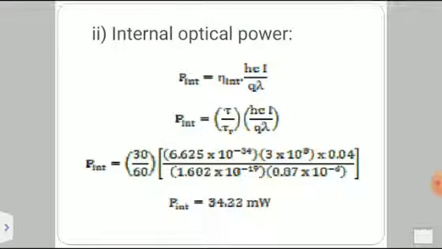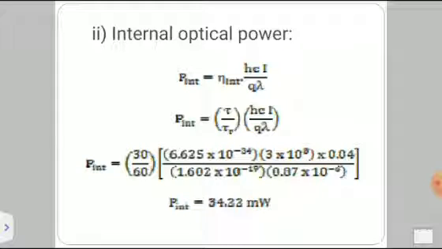Then, what is the internal optical power? The internal optical power can be written like this. This is the formula; I already derived that. P internal is equal to the internal quantum efficiency times hc I by q lambda. This can be rewritten as tau by tau r times hcI by q lambda, where h is Planck's constant, c is the velocity of light, I is the injected current, q is the charge of an electron, and lambda is the wavelength of operation.